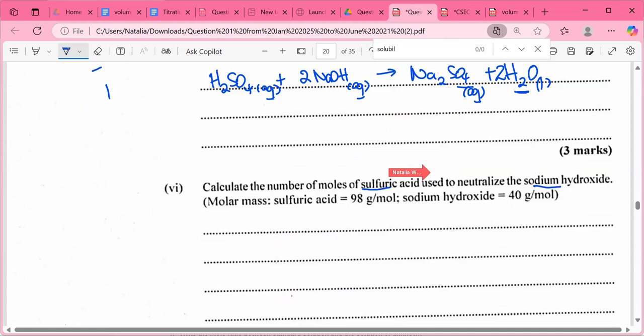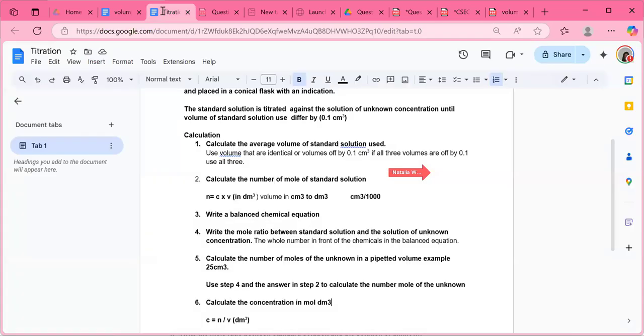Remember that sulfuric acid, I made a note, is my standard solution. So it says, calculate the number of moles of standard solution. Number of moles is concentration in moles per dm cube times volume.